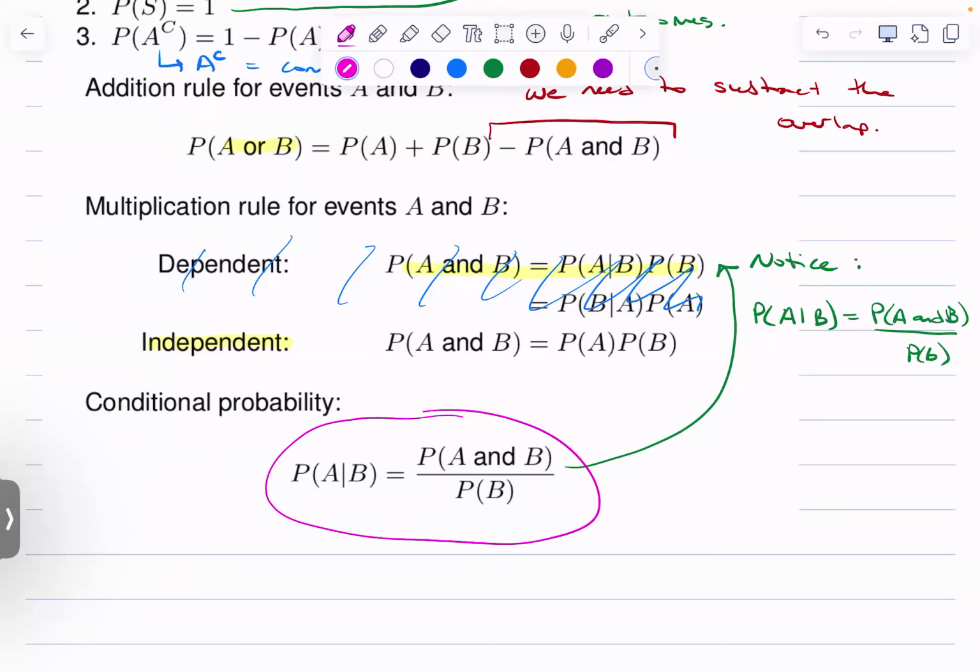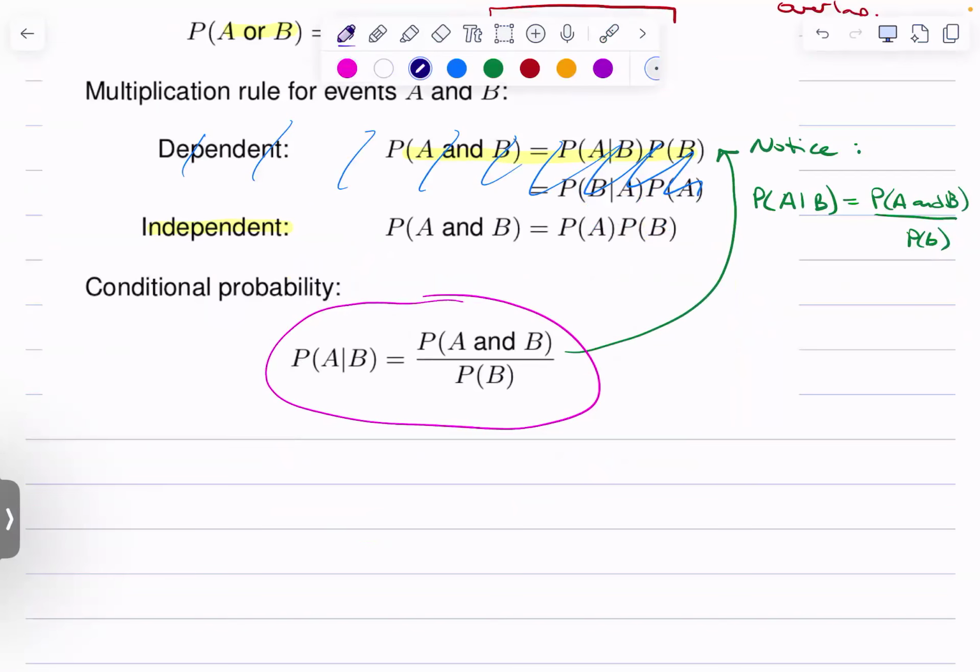So if you're like me and you prefer to have fewer formulas and you can massage them to what you need them to be, then that's what you can do. You can ignore this little section here and only use this one, and massage it to whatever you need it to be.